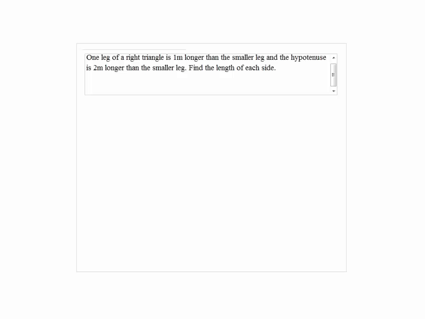One leg of a right triangle. Let's take a look at one. We have a right triangle here.